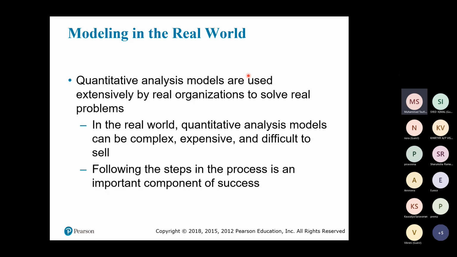There are too many variables you must consider when you go for a real mathematical model representation. So most of the time, people will try to simplify the model so that it is easier to solve, but at the same time it still represents maybe 70 to 80% of the real-world problem.